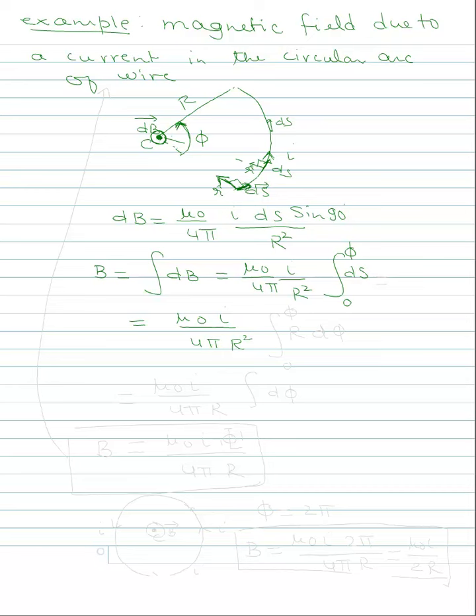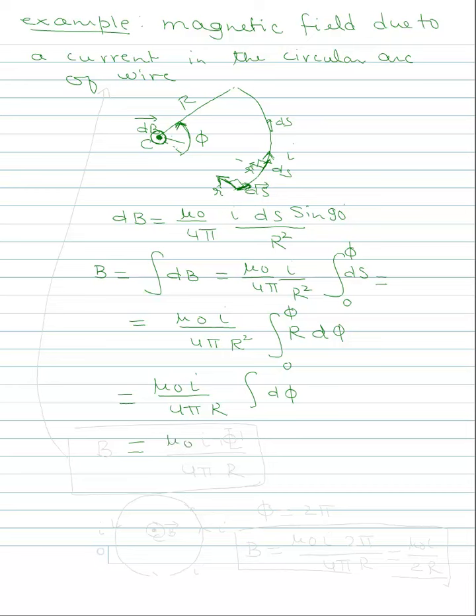One way to write this is, we can write it as r times d phi, because ds is r d phi, and then you integrate from 0 to phi. If you pull the r out, this is mu 0 I over 4 pi r, and the integral of d phi just gives you the total phi.